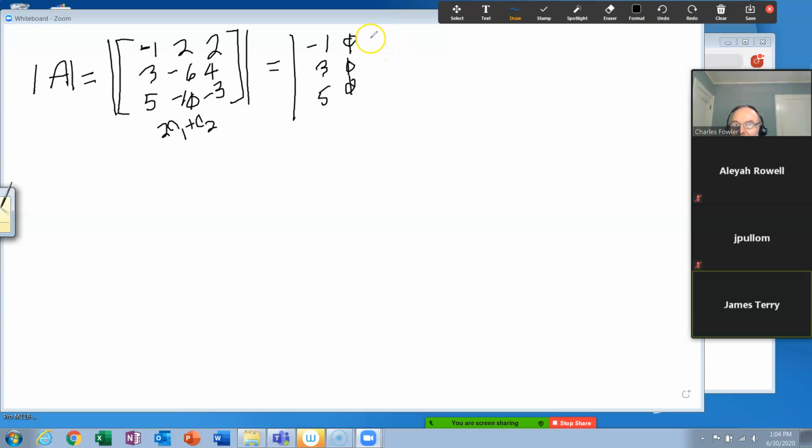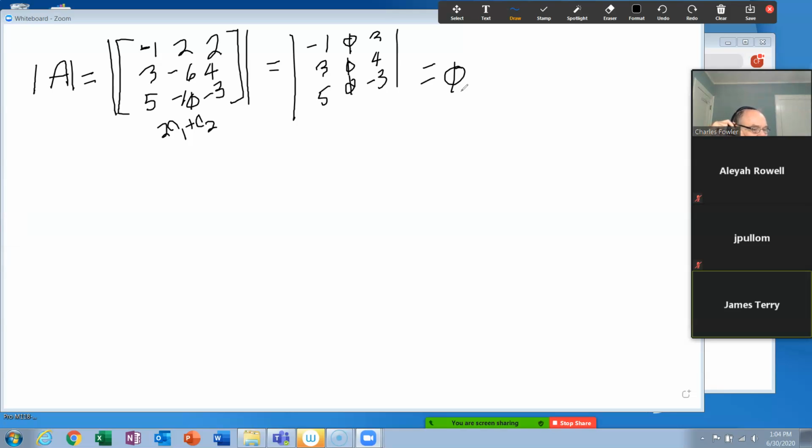What have we got here? So 2, 4, negative 3. It doesn't matter really what that is, because anytime you have a row or a column that's all 0, guess what the determinant is? 0. All right. Now, what does that tell you? This matrix is not invertible.